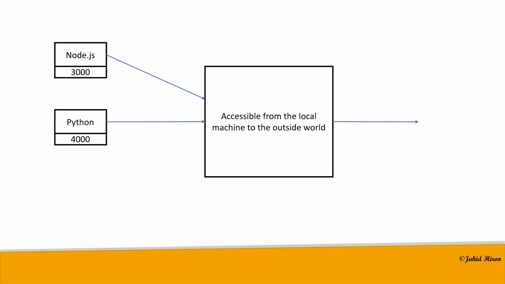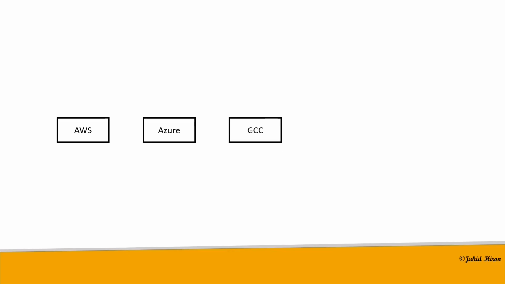That's where cloud providers like AWS, Azure, Google Cloud, DigitalOcean and others come in. These cloud services offer a range of features, and one of the most important is cloud machines or servers. Let's say we launched a cloud machine on AWS and it assigned an IP address like 10.5.10.3.